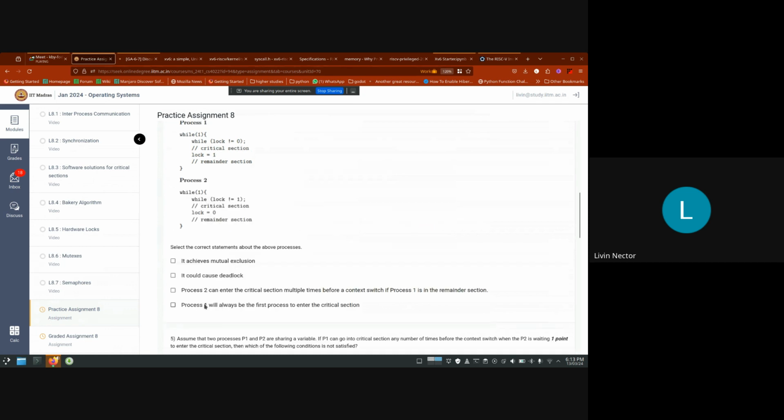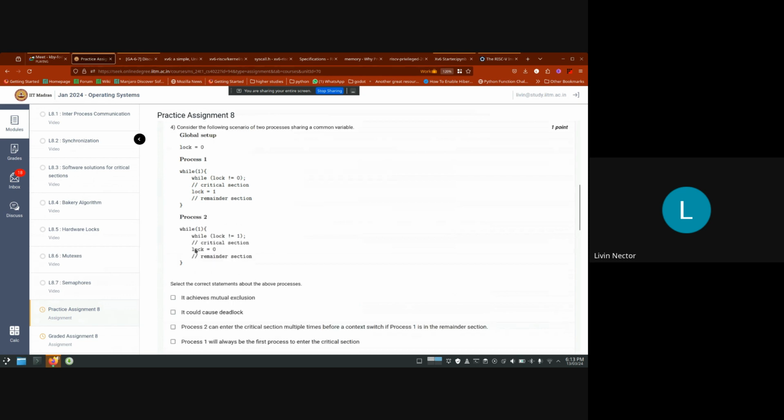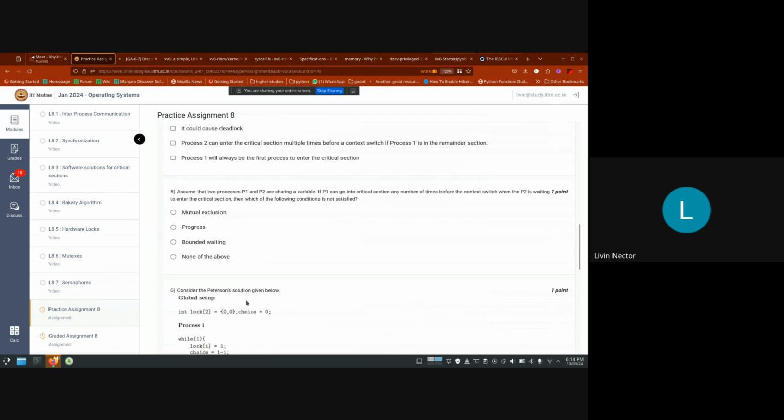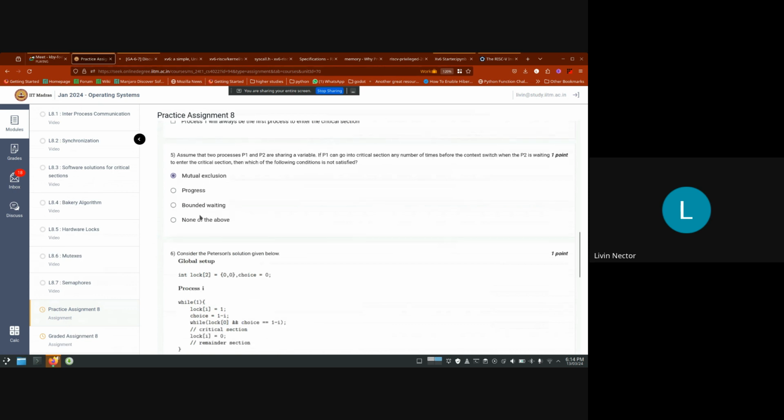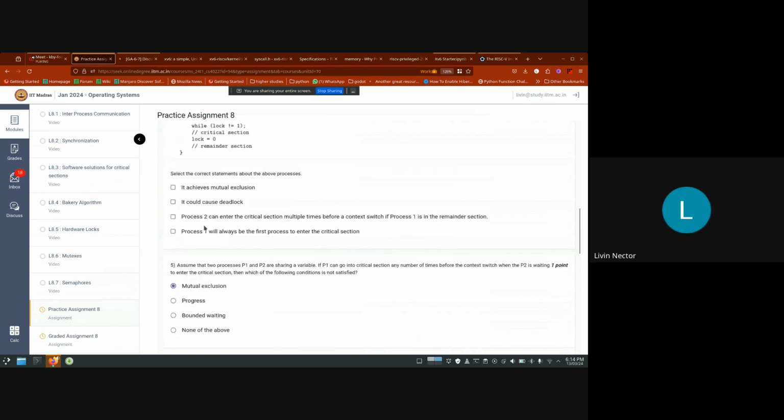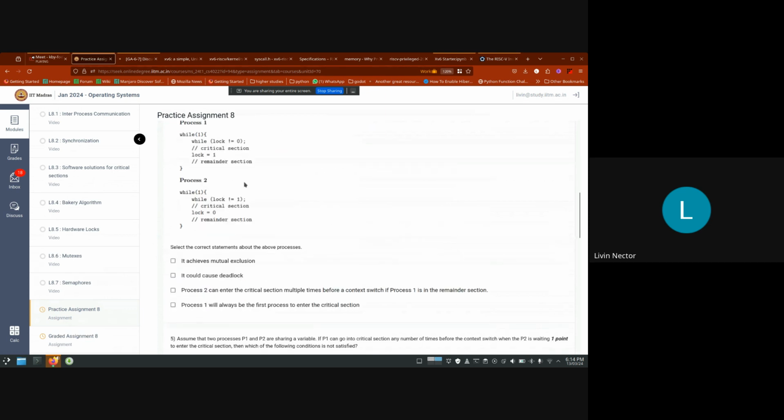I thought I would explain these kinds of things, but you also have a graded question similar to this one. The main point is you should understand what causes mutual exclusion, what causes a deadlock, what is progress, and what is bounded waiting. These terms you should be aware of. Then you will be able to solve these kinds of problems.